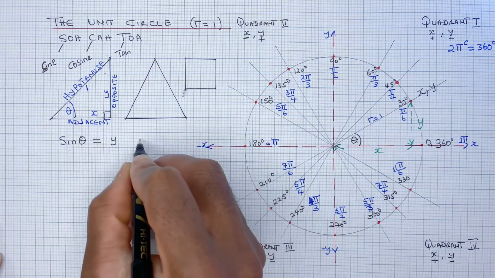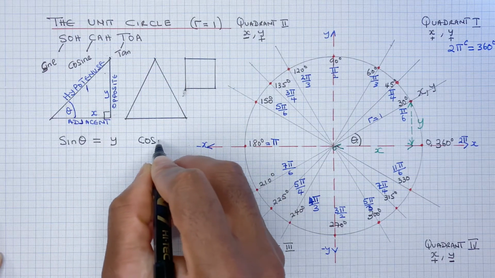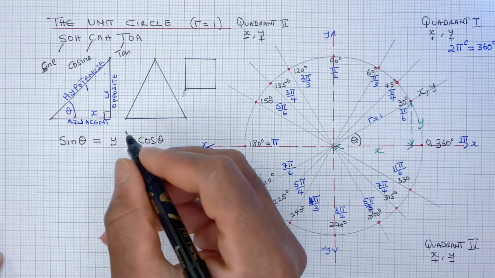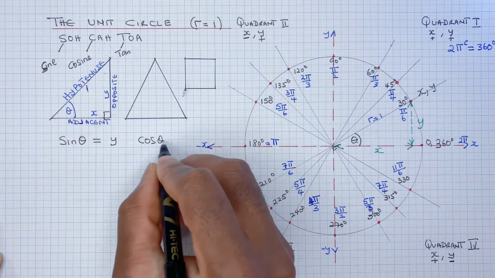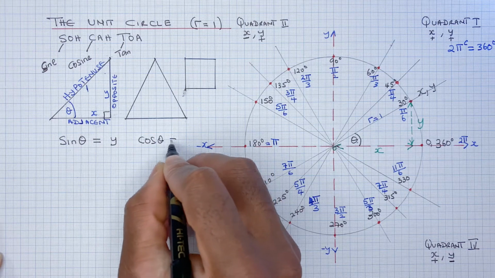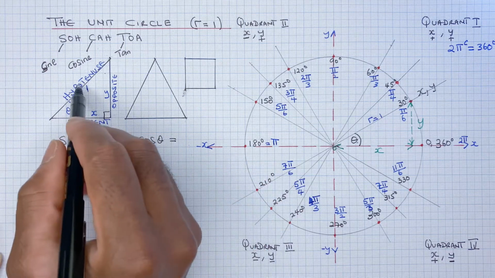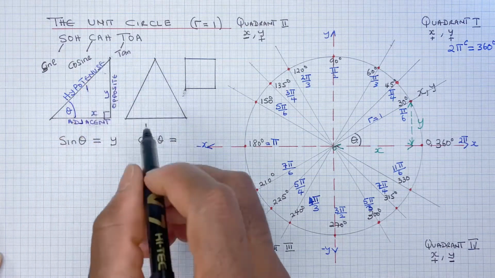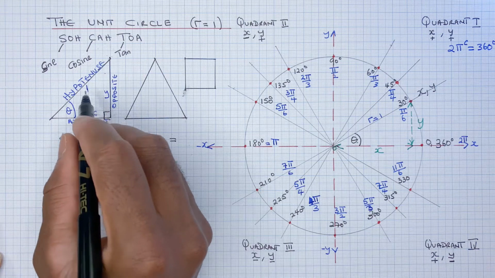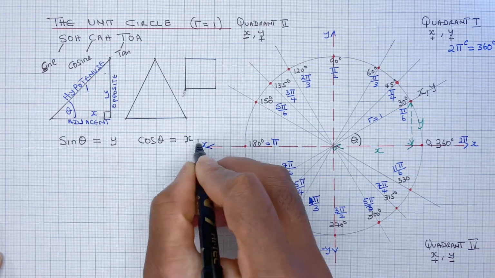And cos theta, which is called cosine, is adjacent over hypotenuse. Adjacent is x, and the hypotenuse is 1, so that'll be just x.